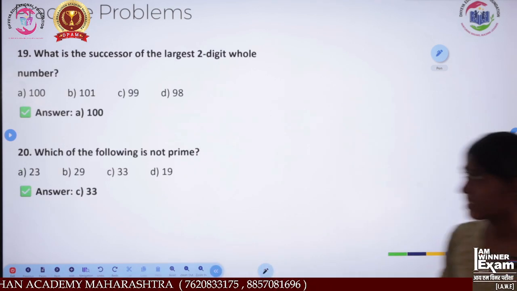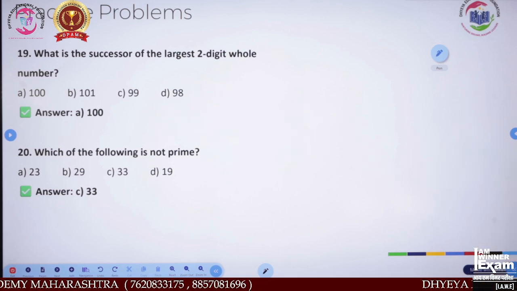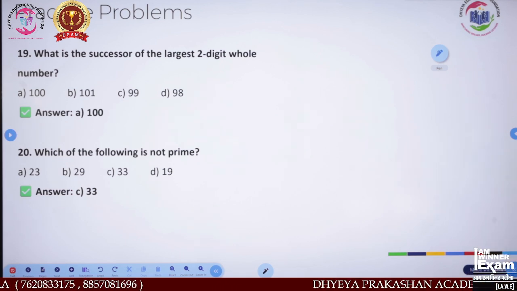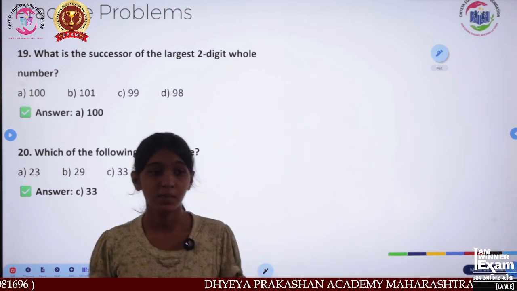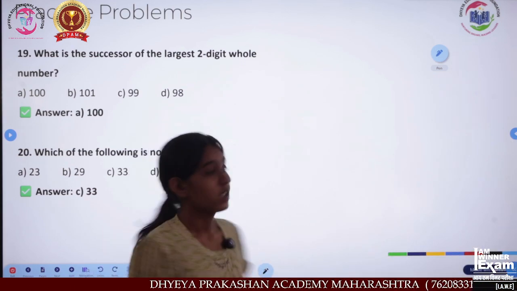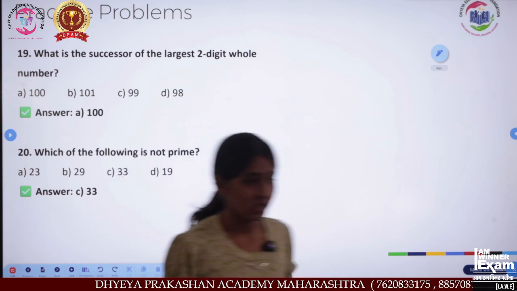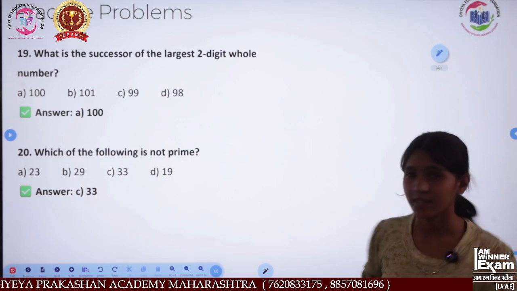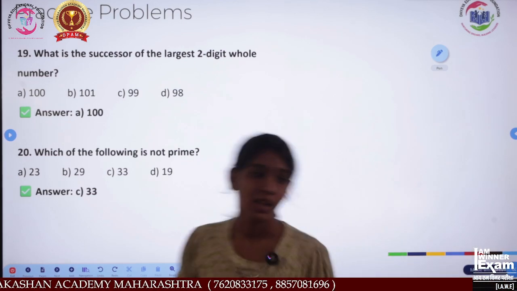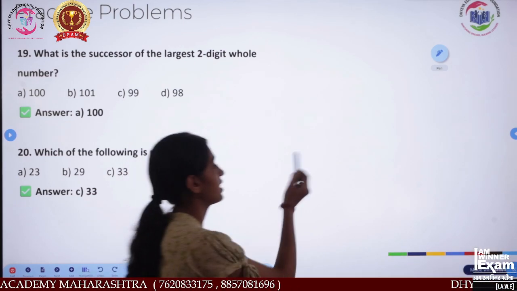What is the successor of the largest two-digit number? What is a successor? A successor is nothing but the number that comes after that number. They ask for the largest two-digit number. Let's find out which is the largest two-digit number. The largest two-digit number is 99.